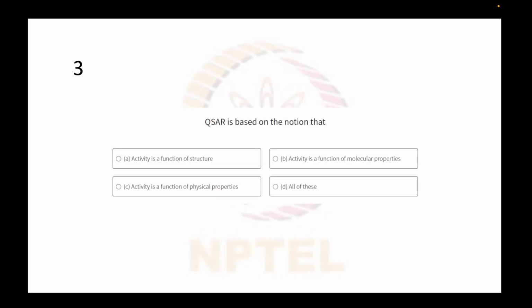QSAR is based on the notion that activity is a function of structure, activity is a function of molecular properties, activity is a function of physical properties, or all of the above.